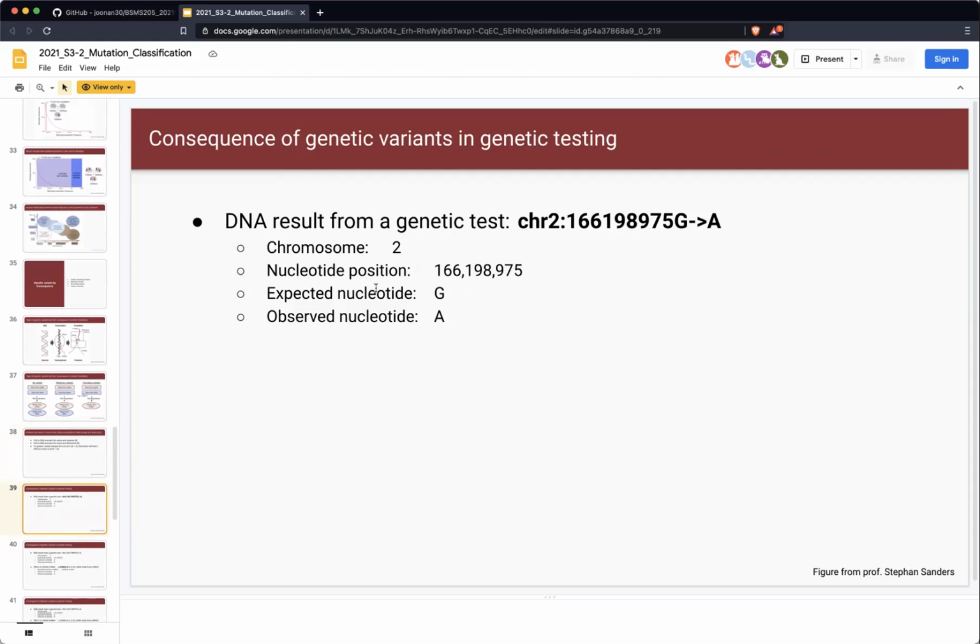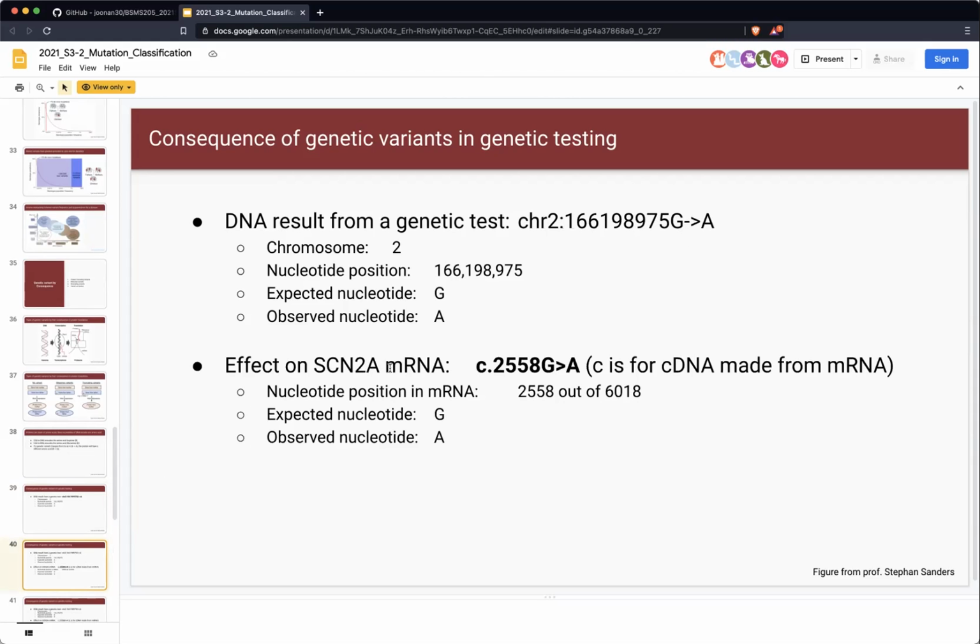So we learned some examples of how a mutation can work as an allele in a modern sense, and here is one example from genetic testing. You have the genetic testing, and you have the mutation in this position, and that is a G to A change, right?